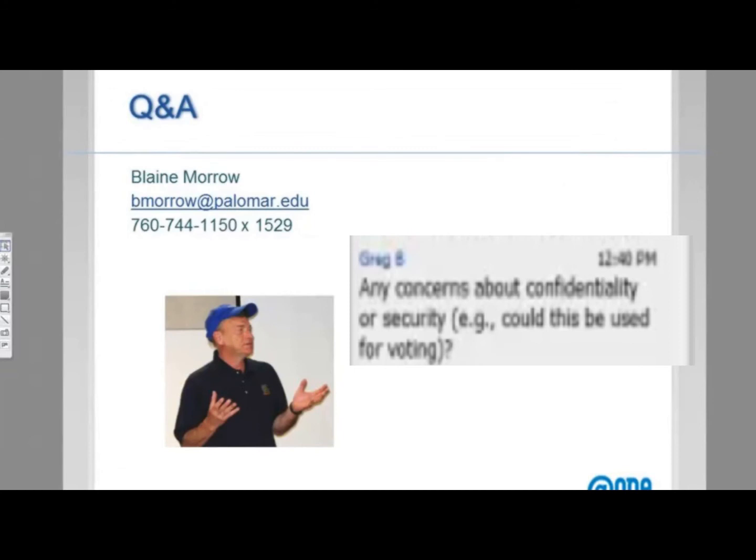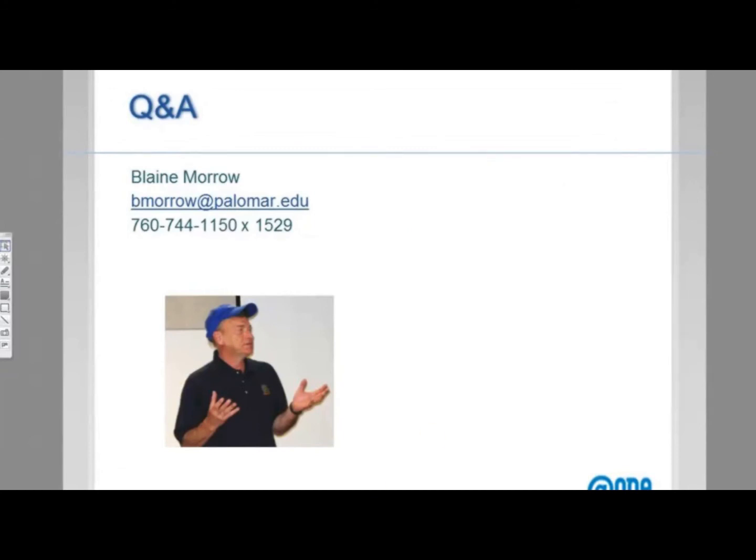So Greg has a question. Any concerns about confidentiality or security? Could this be used for voting? Well, of course, your voting is actually confidential in the sense that the way we did it now, I don't know unless you tell me who voted or how they voted.